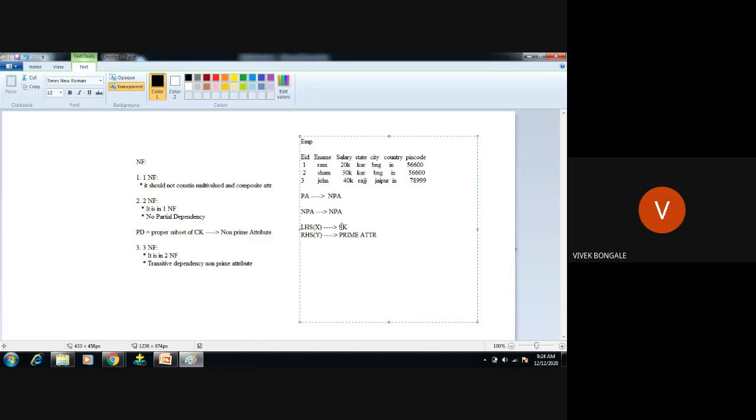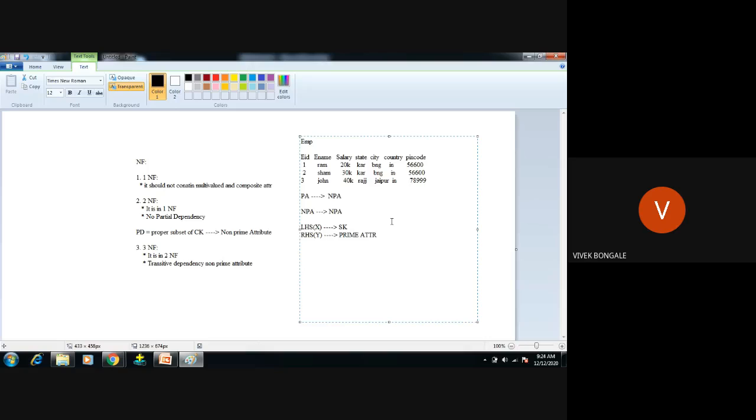I will repeat: the left hand side attribute X should be a super key, and if it is not, then we check the right hand side attribute, which should be a prime attribute. If either condition is satisfied on the given functional dependency, then that dependency is not violating third normal form. This is how we check whether a table is violating third normal form or not.